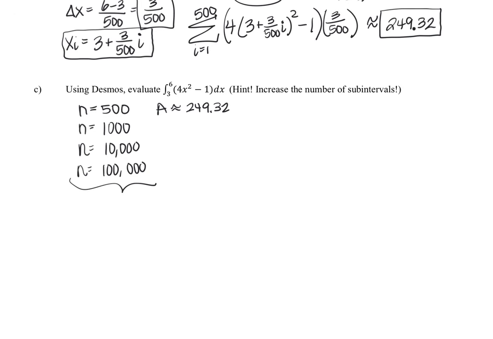So again, pause the video, practice using Desmos, go ahead and get your area approximations here, and we're going to compute the limit and see if these areas are approaching a specific value. So compare your areas with mine, and hopefully they match. And we can draw a big conclusion here.